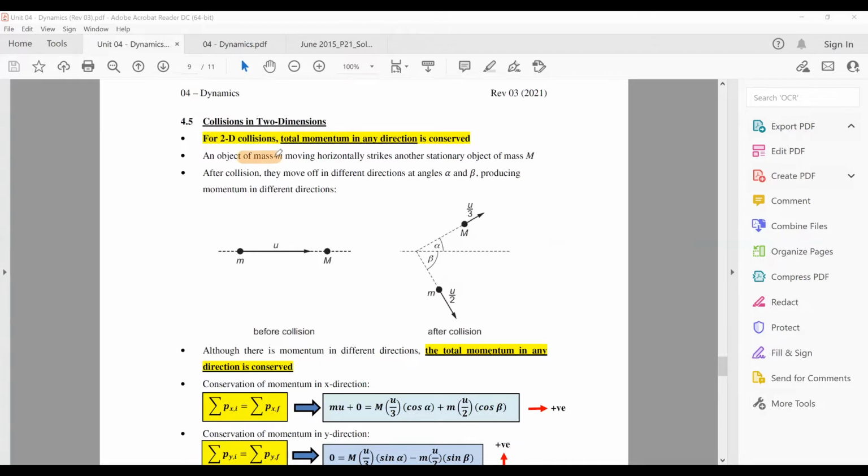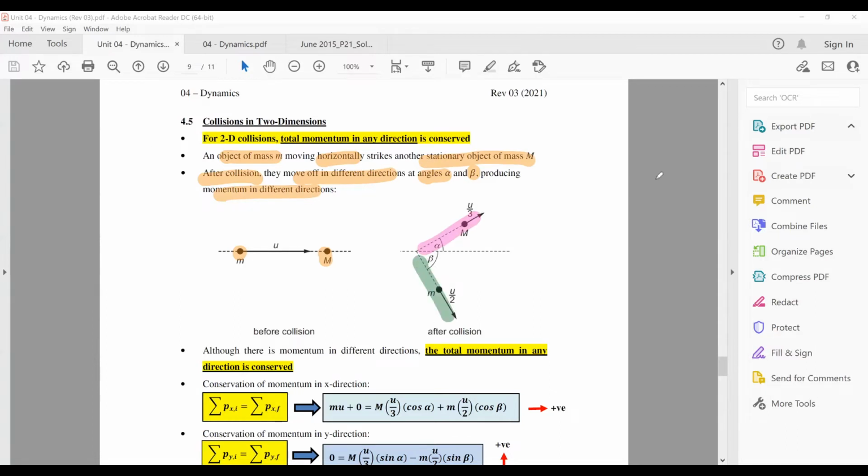An object of mass small m is moving horizontally when it strikes another stationary object of mass capital M. After collision, they move off in different directions at the angles of alpha and beta, producing momentum in different directions. One momentum here and one momentum here.